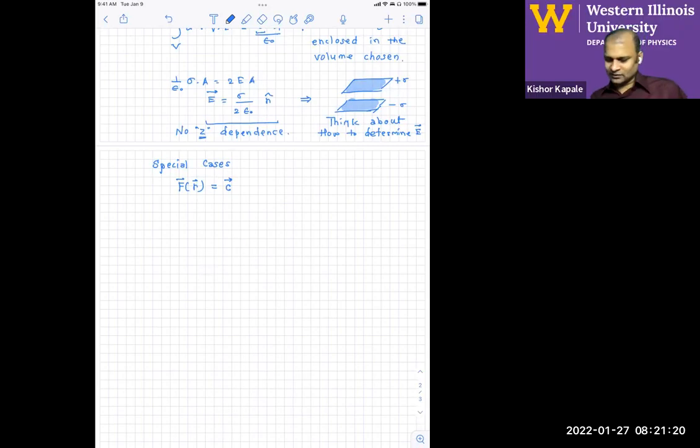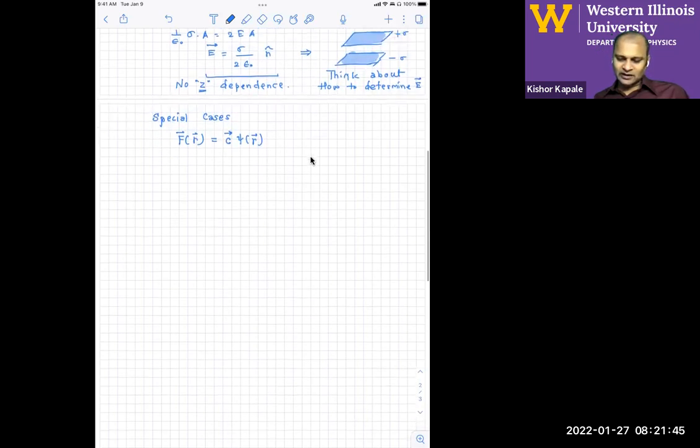So let's now take a look at the special cases. The special case is the field composed of two parts. The vector part is constant, and then you have a scalar field part. The scalar field is a function of r, which is a vector, but that is the spatially dependent part, right?